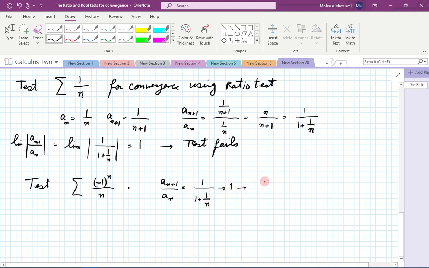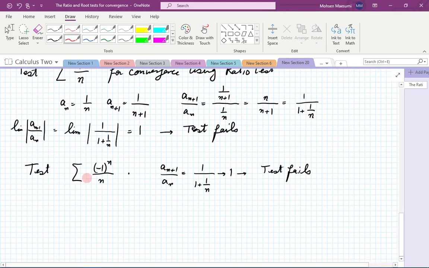So again, the test fails. But what do we know for convergence of this? Do we know it converges or diverges? Well, you saw it in the previous lecture. This is, of course, an alternating series. The terms are declining towards 0, and of course it converges.